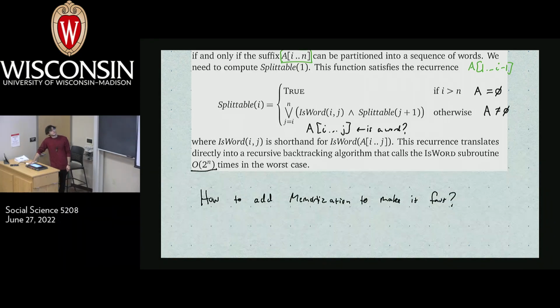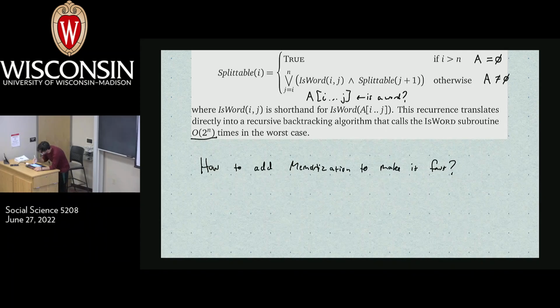So one thing to notice is that isWord(i, j) can only be called on at most O(n squared) possible indices. So there's only O(n squared) inputs to isWord. Why is that?